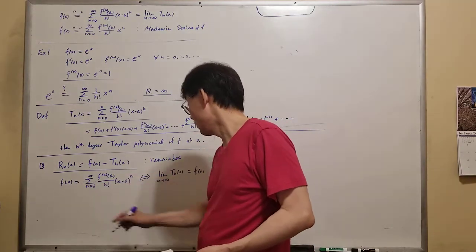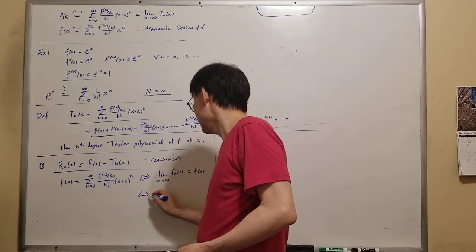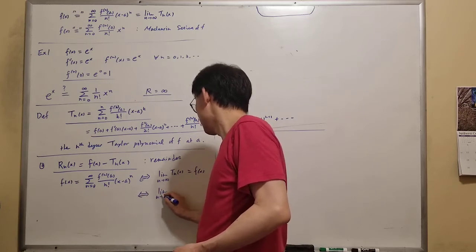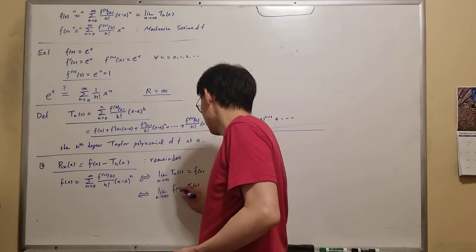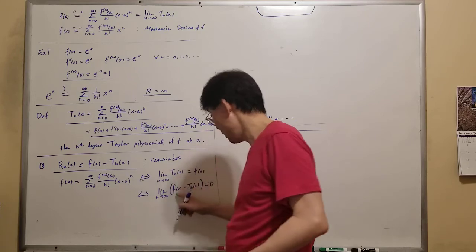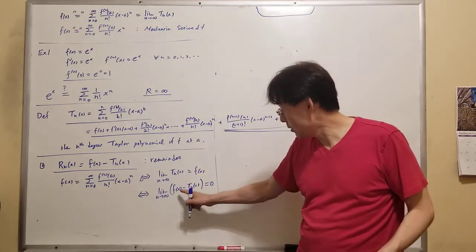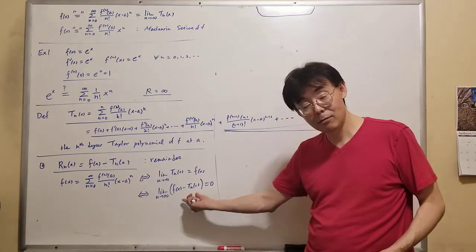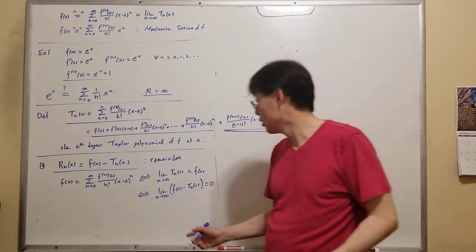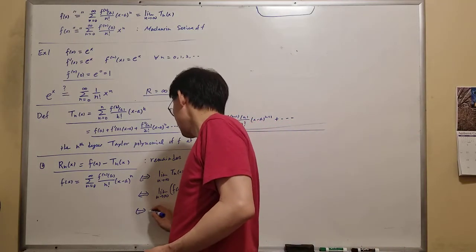The sum of this is f of x. That means the difference between f of x and Tn of x goes to 0. That's what it means by Tn approaching f. They differ by a very small number; the differences get smaller and smaller to 0. That is precisely the remainder.